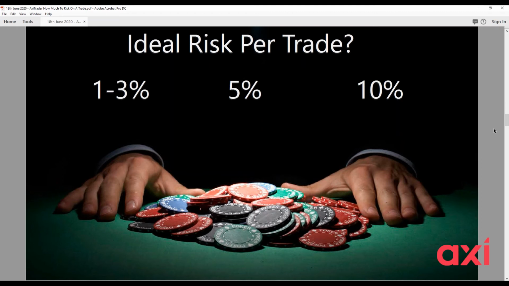Okay, 2%. So we got an overwhelming number of people who say 1 to 3%. We got the odd 1 or 2 responses that say 10%. But yes, a lot of people are revolving around 1 to 3%, and that is a very good answer.